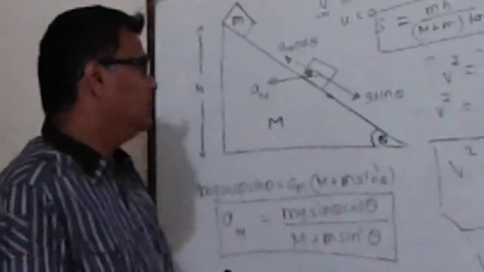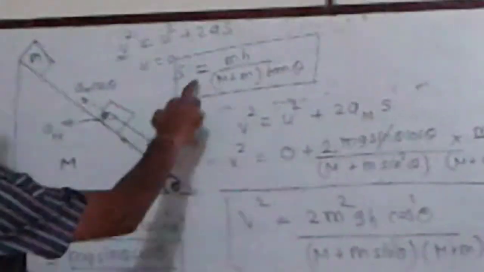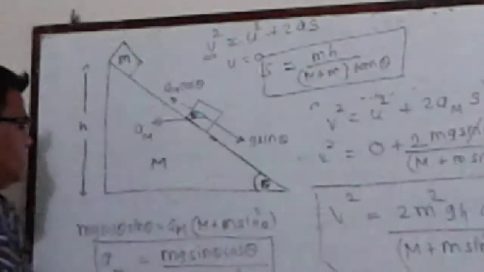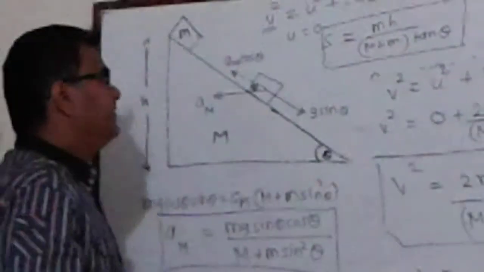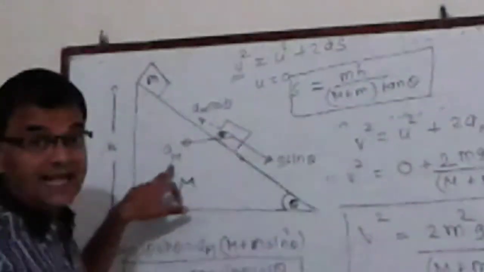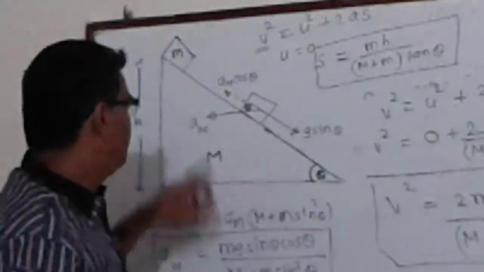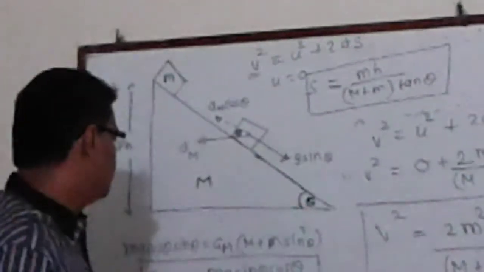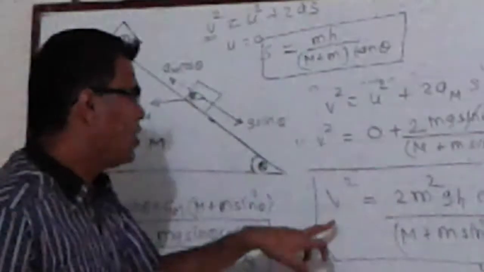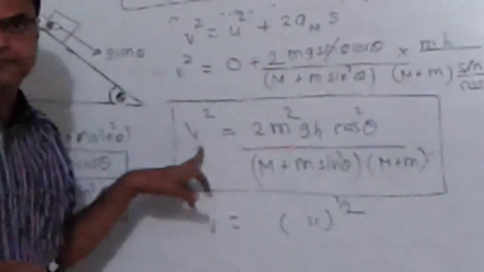From that, we got the value of the distance moved this time. Then we went on to find the relative velocity. From the relative velocity, we computed the acceleration of the block M, which is am, and then finally we use both these results into the Newton's equation of motion and got the final velocity v.